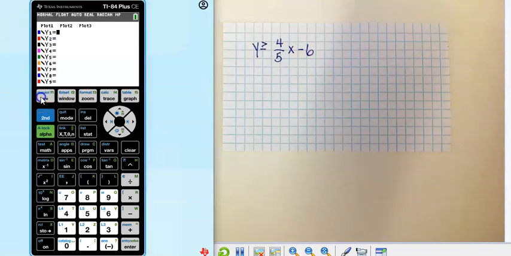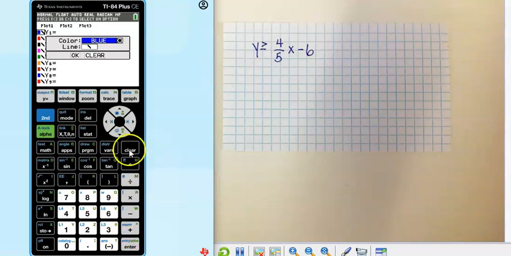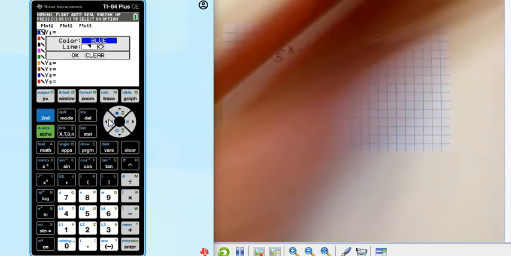Remember, we are putting in an equation, so we need to go to y equals. But actually, before we even do that, we're going to scoot over here, hit enter. I don't care that it's blue, but anyway, I'm going to go down here to the line menu and scroll through until I get the greater than or equal to.